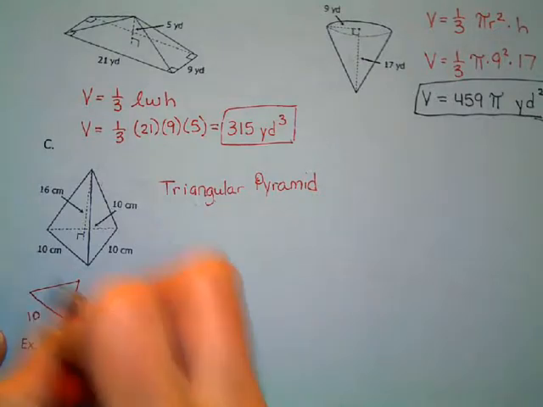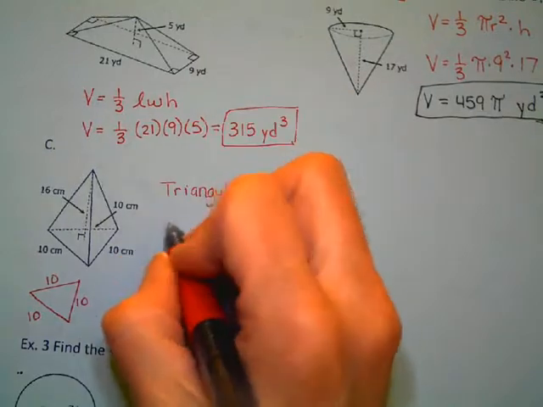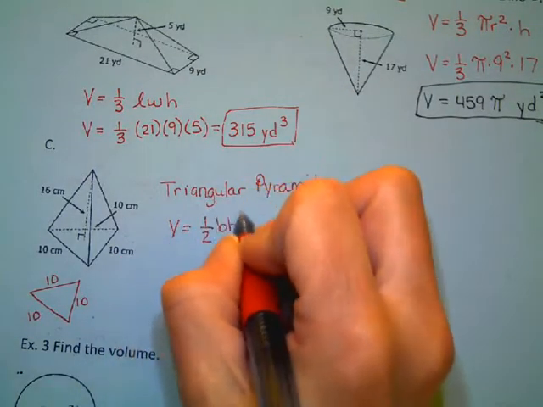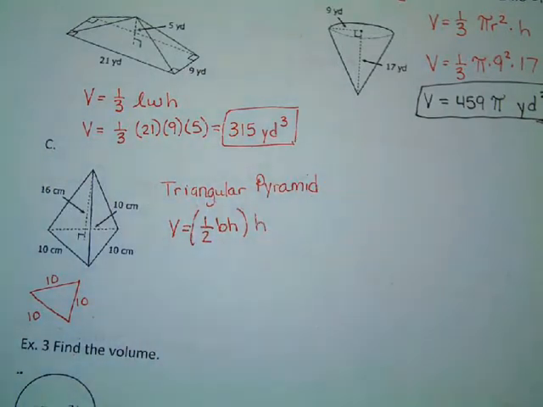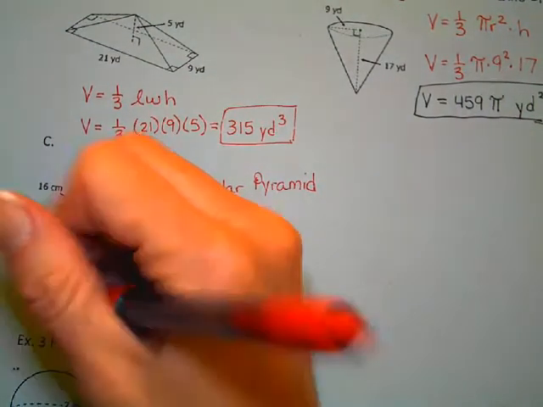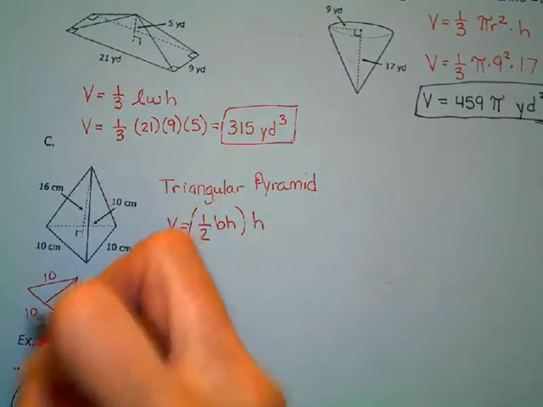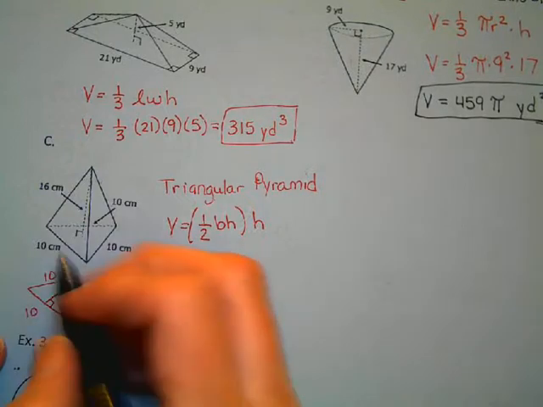And the triangle formula says we need 1/2 base times height for the triangle, and then you need the height of the pyramid. Well, I need to figure out the height inside there. So if this comes down, it actually meets in the middle. So that would be 5.